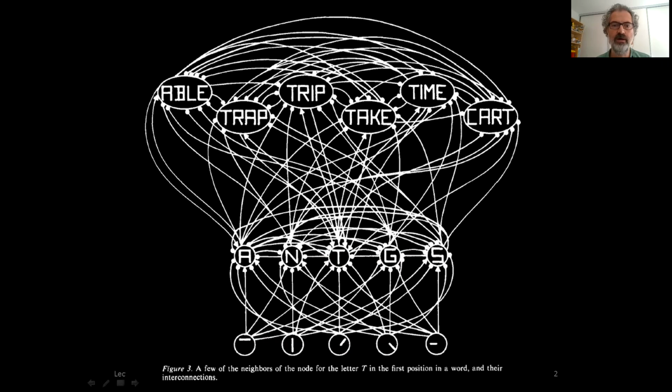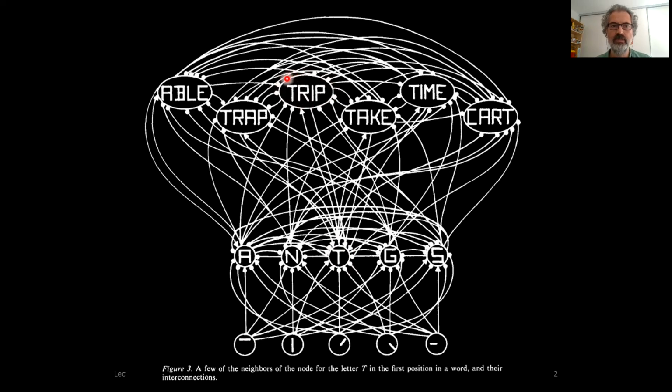So the letter R will receive the usual visual input. In addition, the letter T in first position, right here, plus the letter I in third position, plus the letter P in fourth position, will be receiving their own visual input and will be becoming activated. And as those letters become activated, all four letters together activate the word trip.